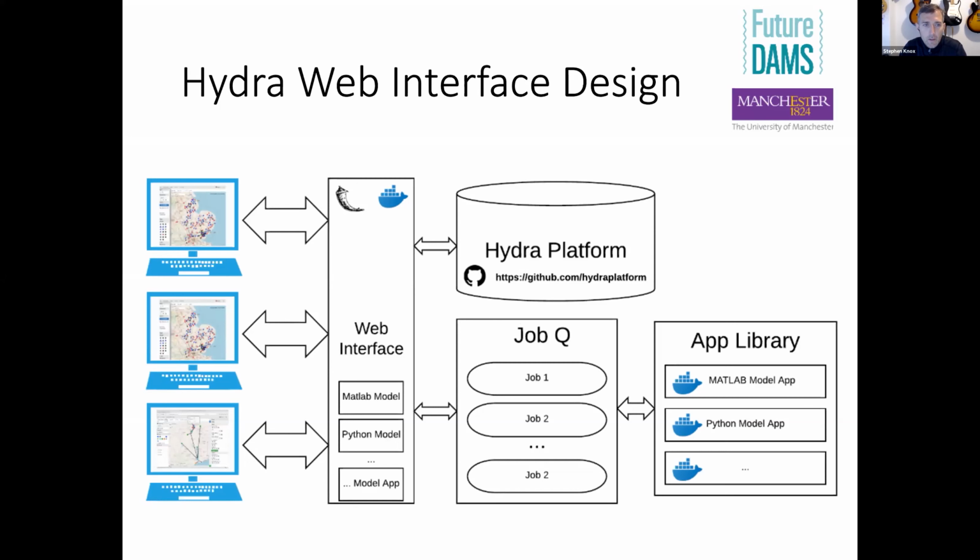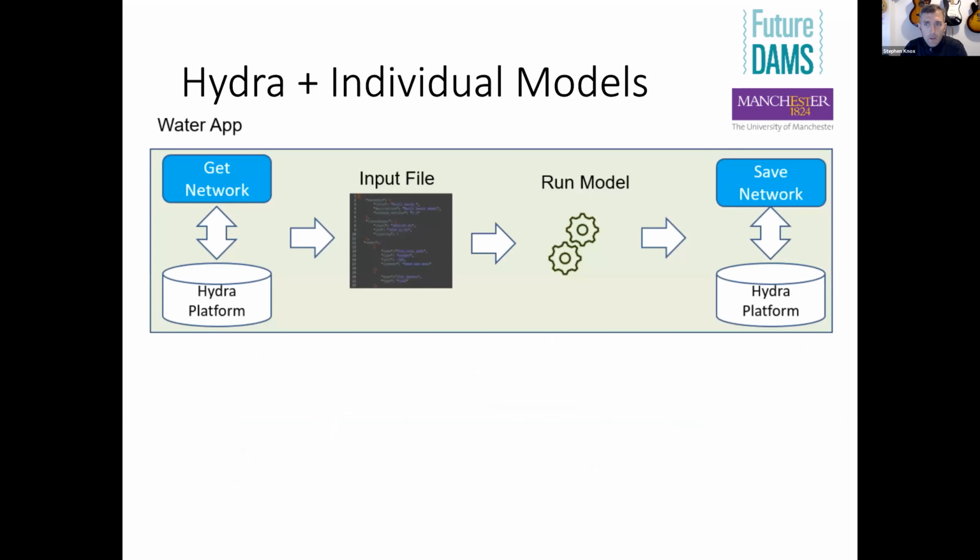So the idea here is that you can load up a model regardless of whether it's written in Python or MATLAB or Excel, and it will work with this interface, so long as there's a process put in place to allow that to work. And when you press the run button in the interface, that job goes into a queue and then it's eventually run. In our case, there's 2 separate processes.